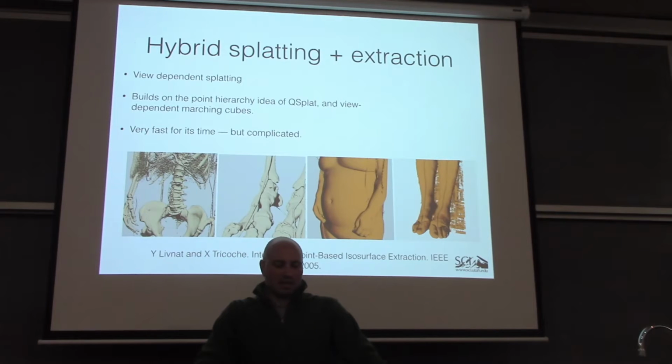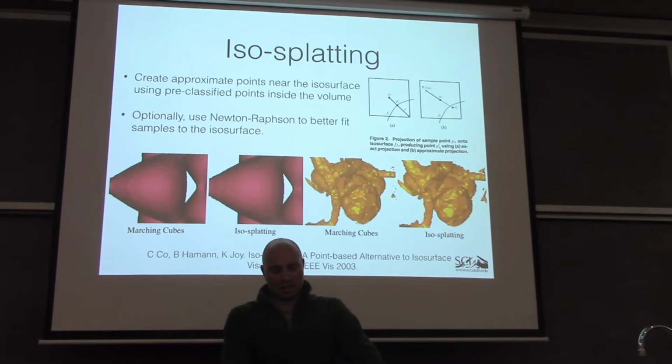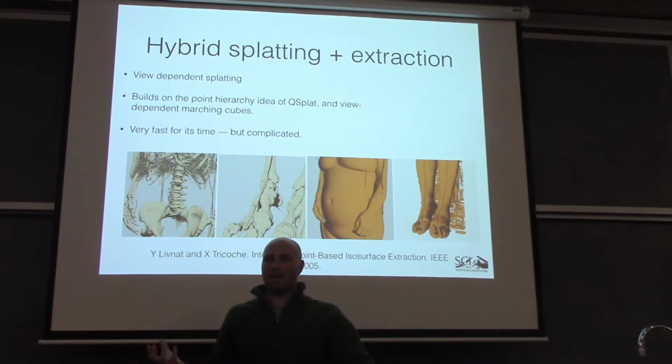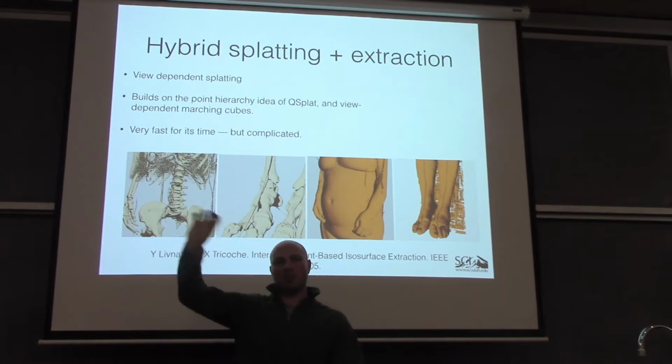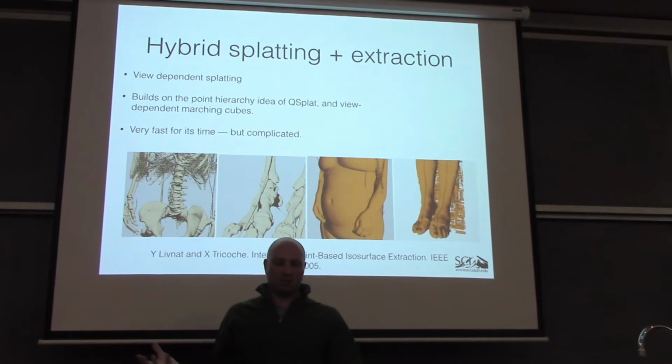There's an improvement to this from Gordon Livnat here at SCI and Xavier Tricoche now at Purdue. This essentially took this earlier technique and made a view-dependent hierarchy out of it. So essentially built a tree around it and decided which regions of space to cull and which to ignore.